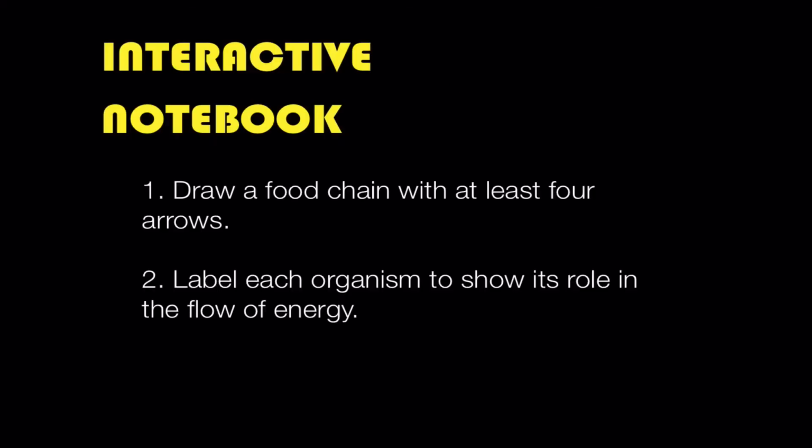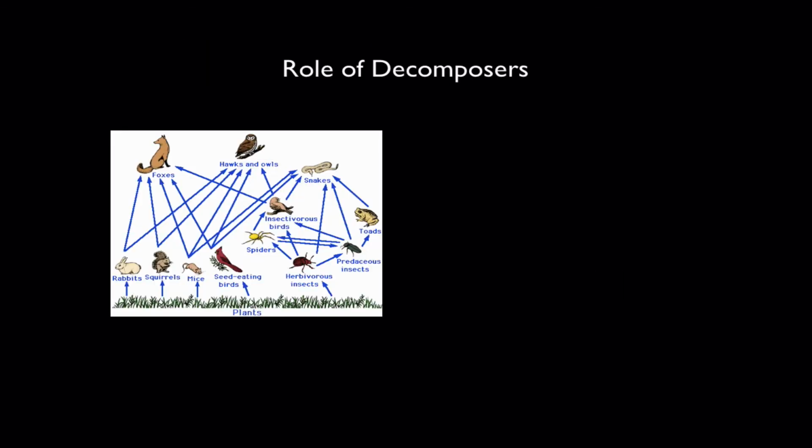Now the role of decomposers in a food web, they're frequently left out, but I'm going to go ahead and put them in because if you think about it, the energy from dead plant material can go to fungi. Okay, so mushrooms and molds and mildews and all those things can eat dead plant material and cause it to decompose.